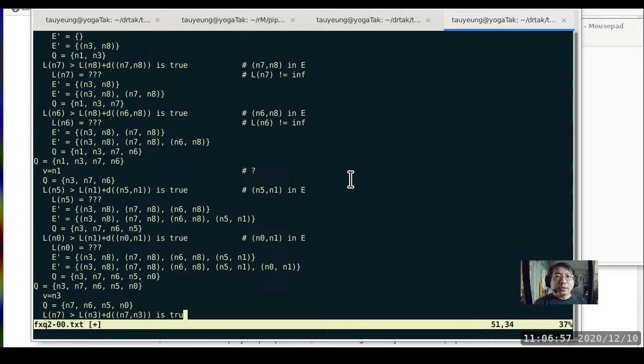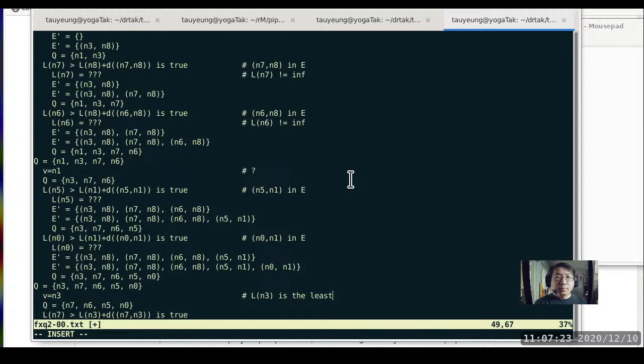Now the fact that we are choosing N3 is really important because we always choose the most promising vertex in Q to be considered first. So this tells us that the L value of N3 is the least within what we have here.